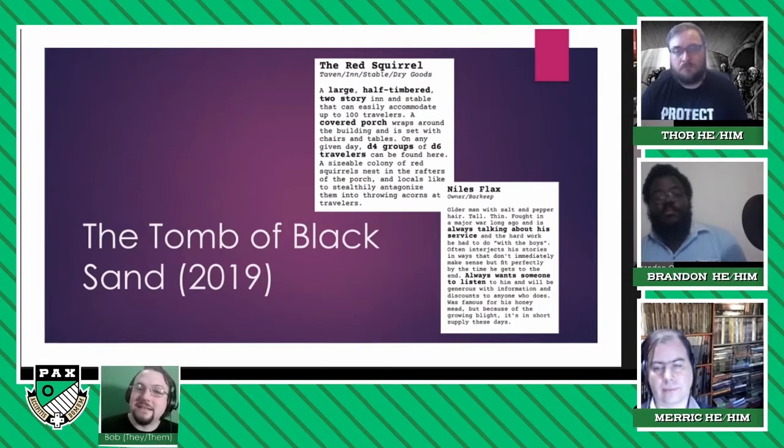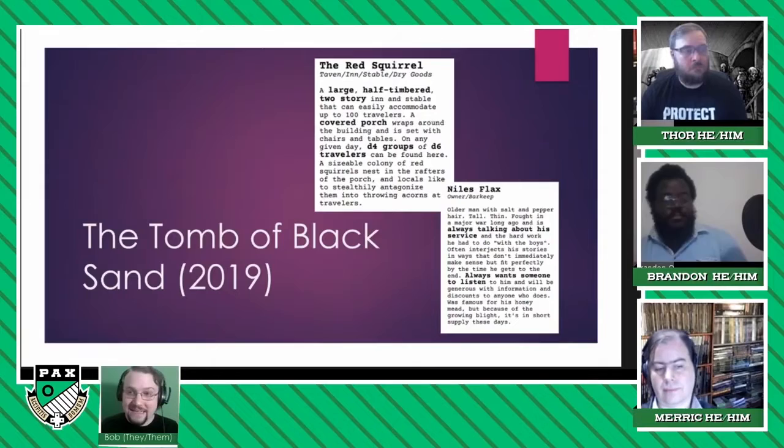Tomb of Black Sand is a 2019 adventure written by Jacob Hurst. In the adventure, the players are expected to go wander out and discover a tomb filled with black sand. The Tomb of Black Sand's method to get the party to engage with it is really innovative.